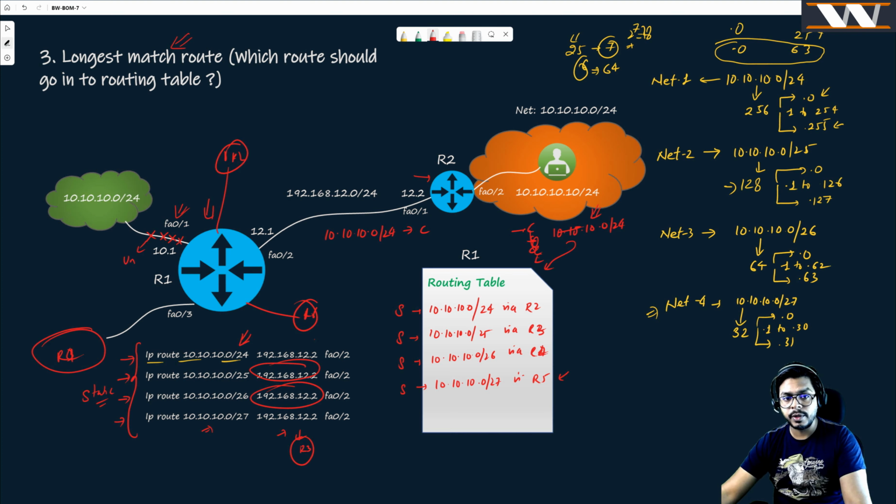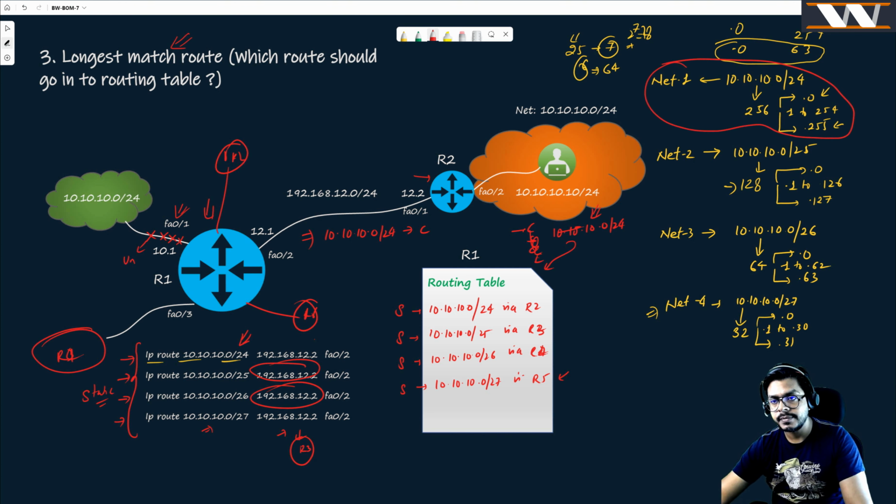Then there is a confusion because we have this route and we have first network here, this one, right? This is learned via static route, or the first network 10.10.10.0 is also learned via static. Then we know which route should go into the routing table.